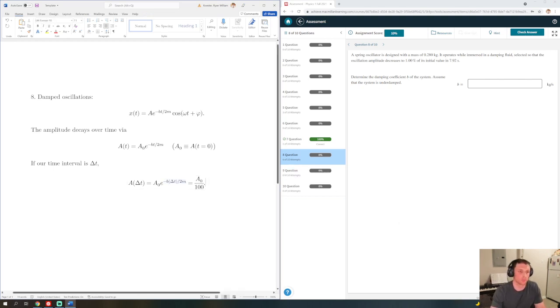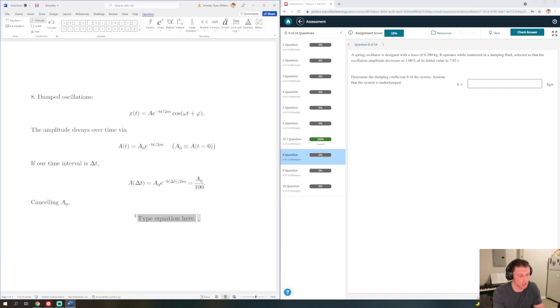Okay, so we cancel the A naughts. And what we end up getting is e to the negative, and just so it's not like I'm doing the whole thing for you, I'll just call this negative u, and it'll also keep the notation a little bit simpler. After we cancel the A naughts, we get this, right?